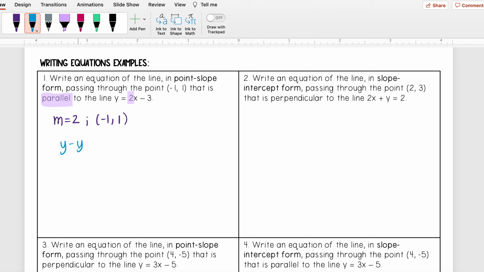So I can fill in all the information for this equation. I have y minus y1, which is just 1, is equal to m, which is 2, times x minus x1. My x1 here is -1, so whenever I subtract a -1, that really becomes a positive 1.